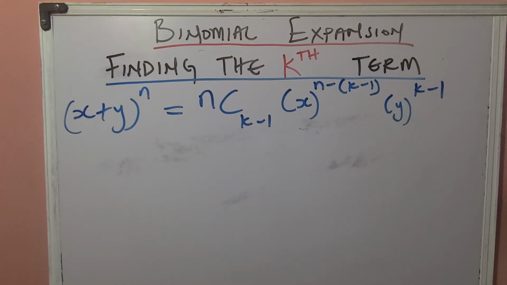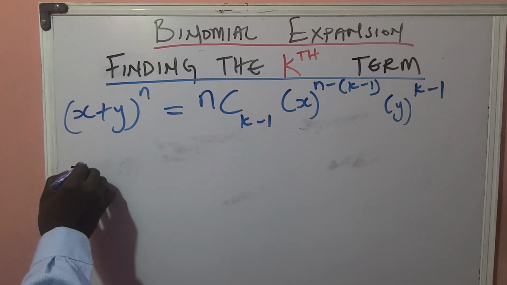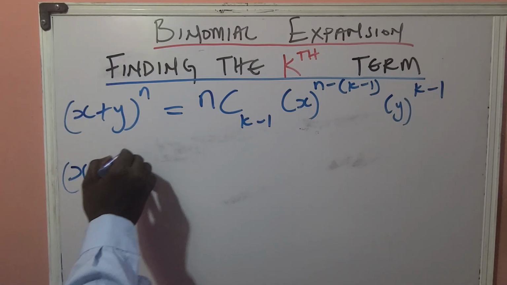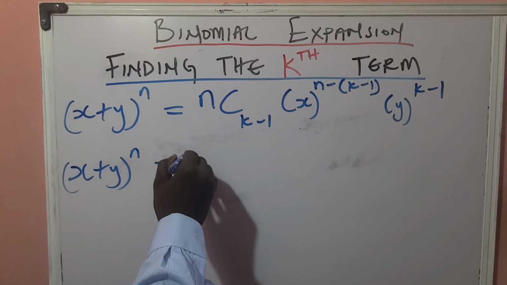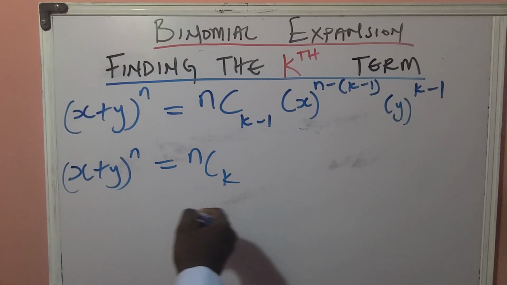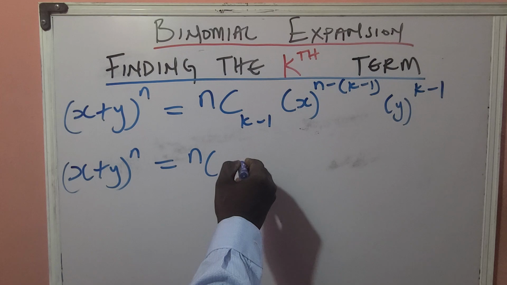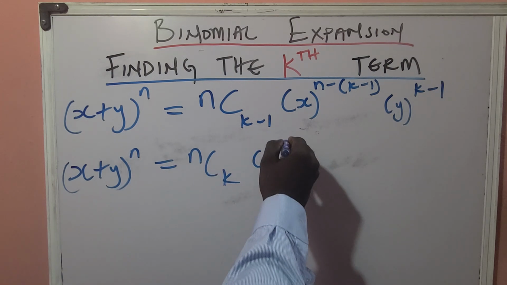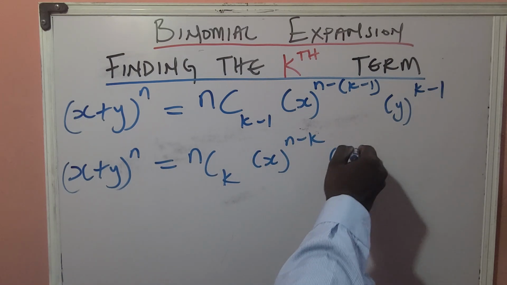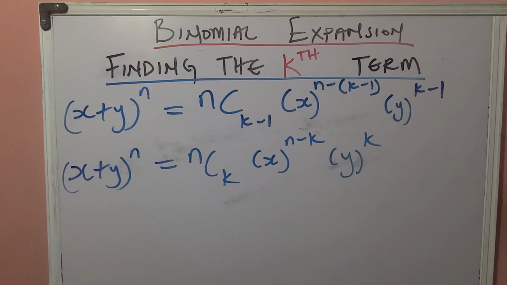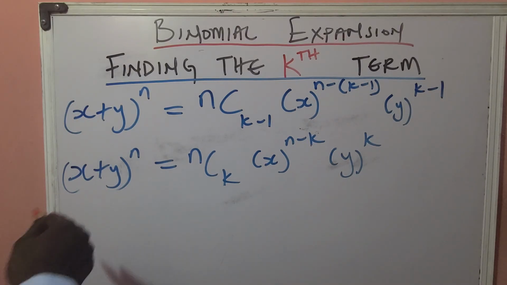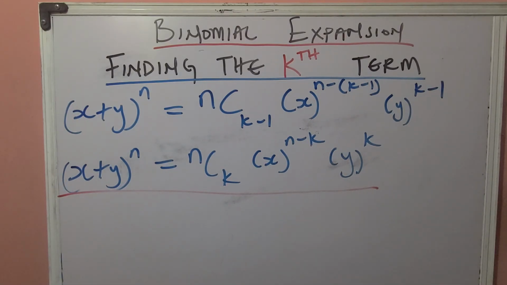So generally, if you had a binomial expansion of this form and you were told to expand it, you would normally use the general formula for a general binomial expansion, which was this: n minus k, then y raised to power k. So this was for when you were just solving a binomial expansion from scratch.